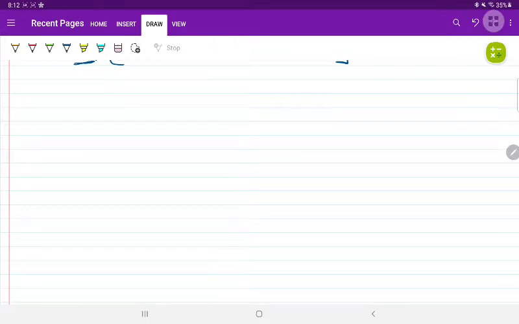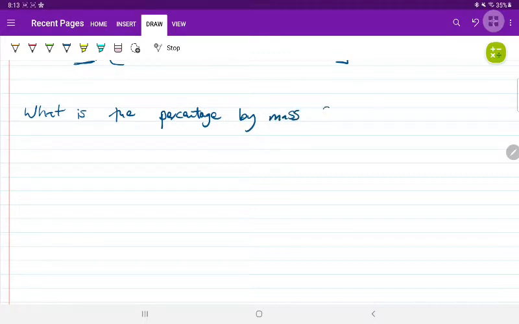That's a little bit more complicated. Now, sometimes you'll be asked for percentage composition.